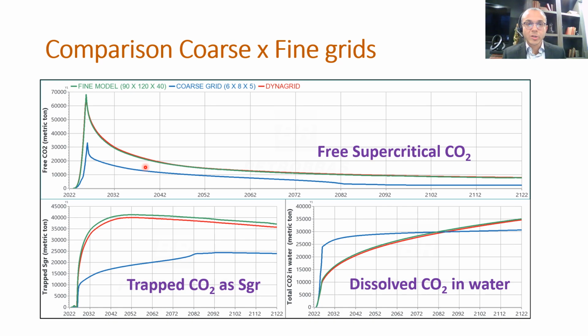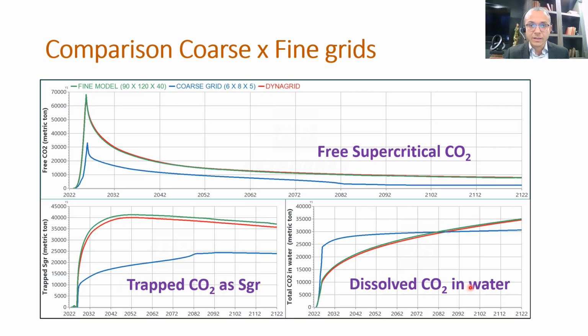To analyze the results, we compare the three proposed grid scales: fine grid, coarse grid, and dynamic grid. We have three graphs in this slide. The graphs show the results for the mass of CO2 as a supercritical non-trapped mobile fluid, called free CO2, trapped CO2 as a residual gas, and dissolved CO2 in water.